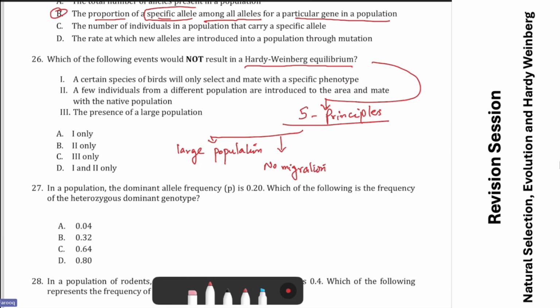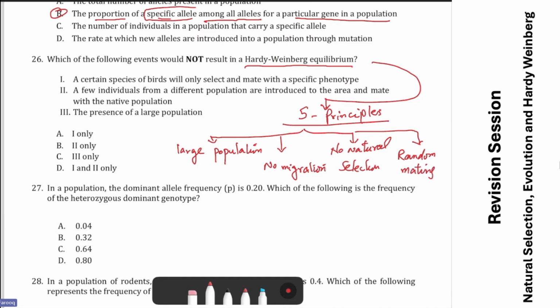Number three, no natural selection. Number four, random mating.